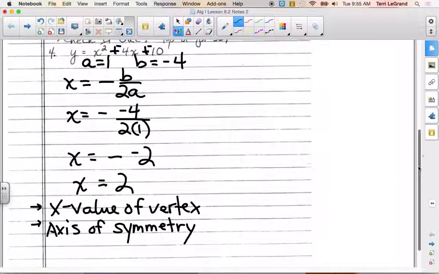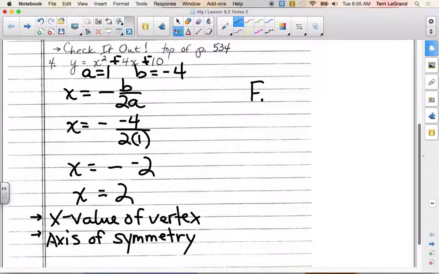Now we're going to find y. So we have to take our function, our quadratic function. I think I'll just put it in my add the opposite format and substitute in our x value that we got.